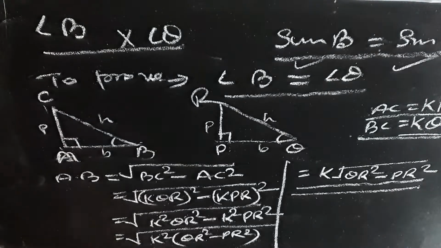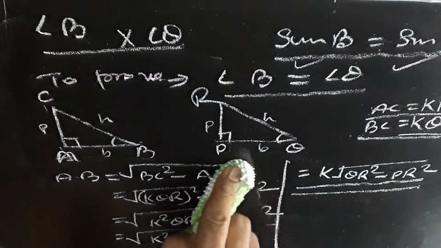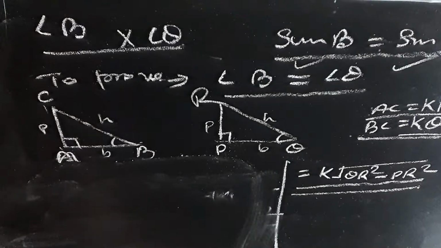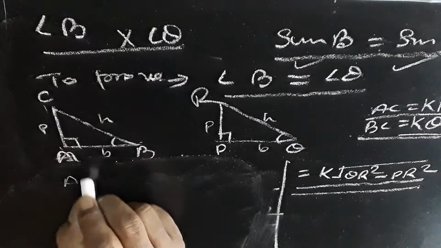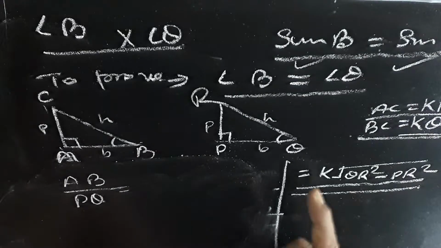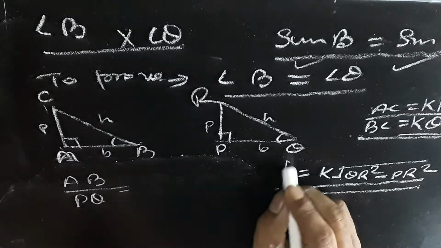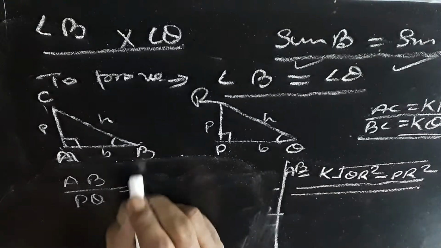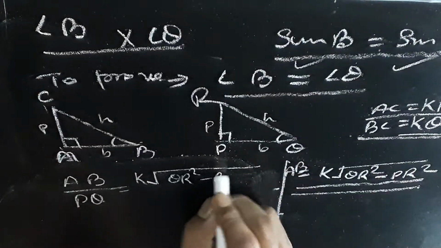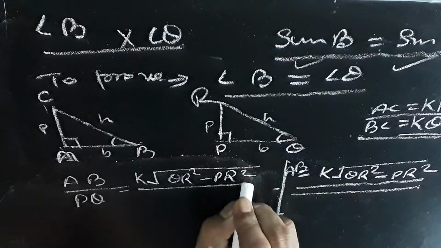Now, we will find the ratio of this side AB and PQ. We want to find the ratio AB upon PQ. In place of AB, we will write K root over QR square minus PR square upon.